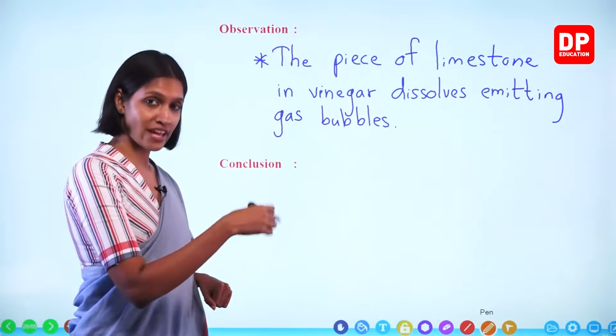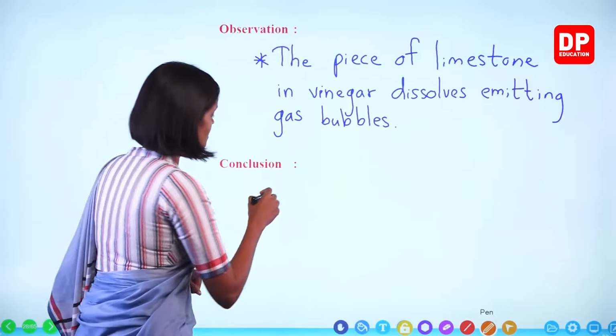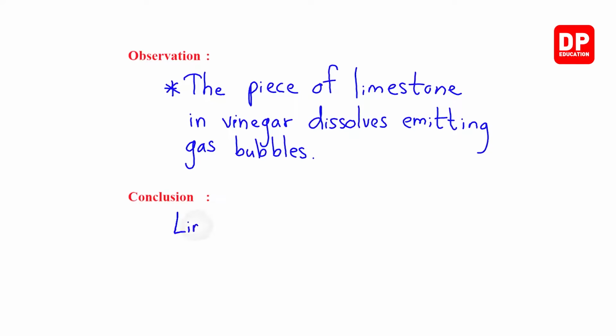The limestone reacts with acids, right? Limestone reacts with the acid present in vinegar.